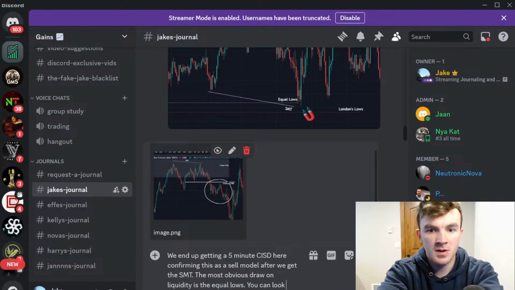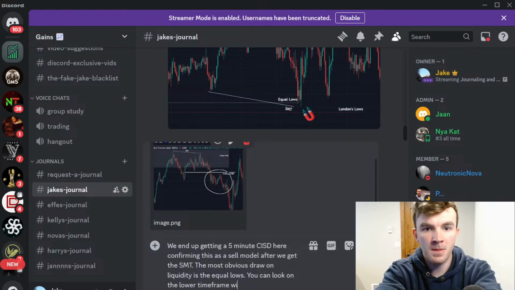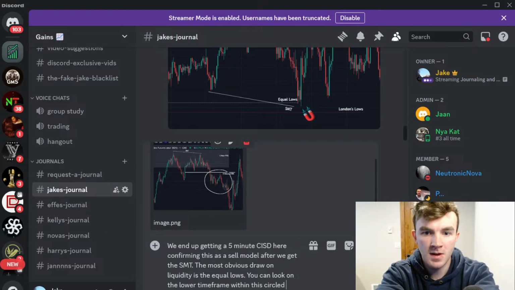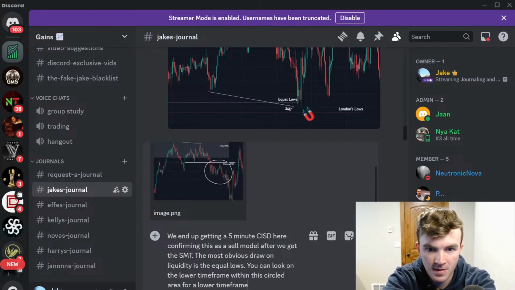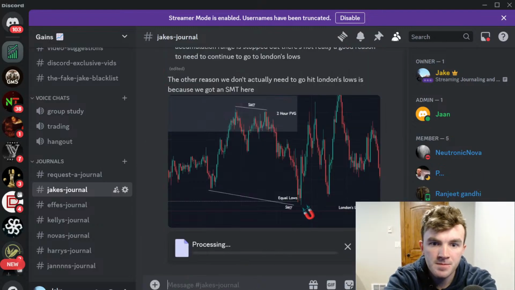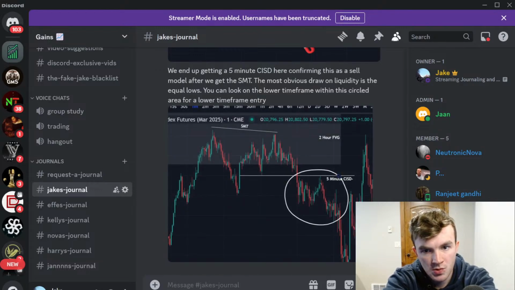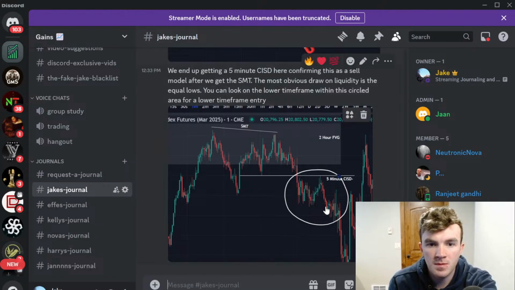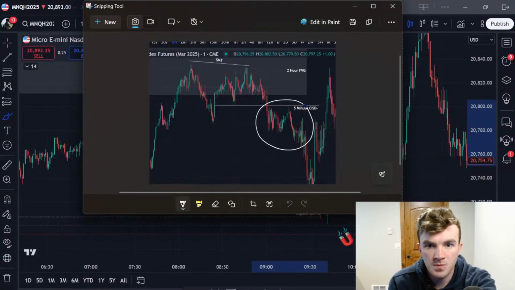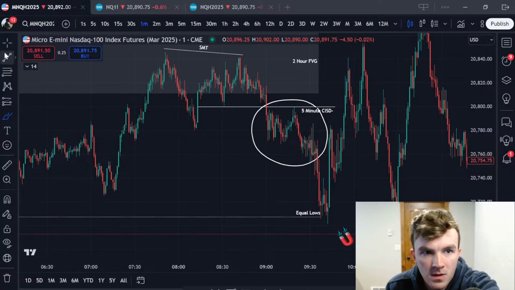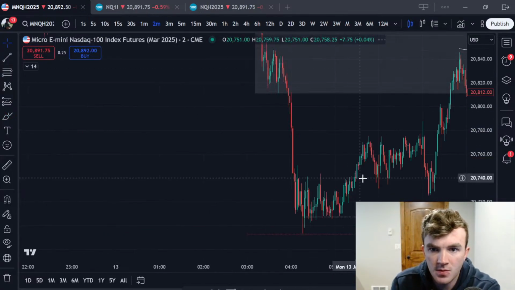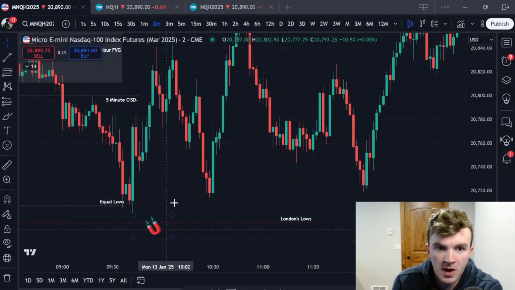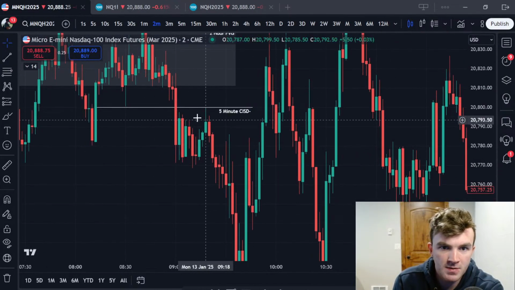You can look on the lower time frame within this circled area for a lower time frame entry. The most obvious one is we have a breaker right here where we sweep out all these highs.